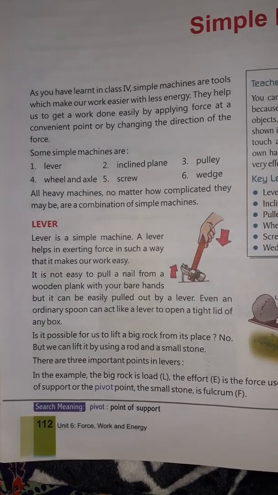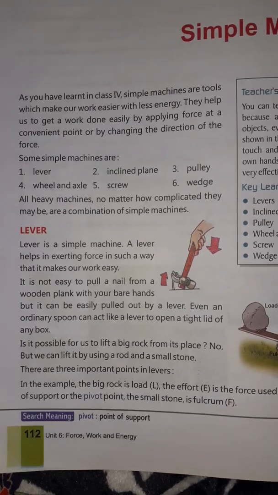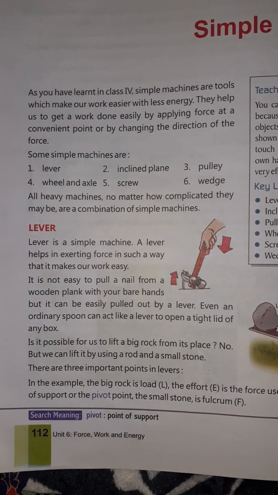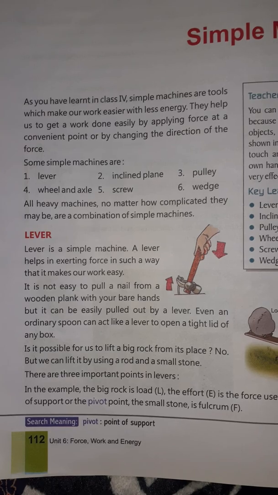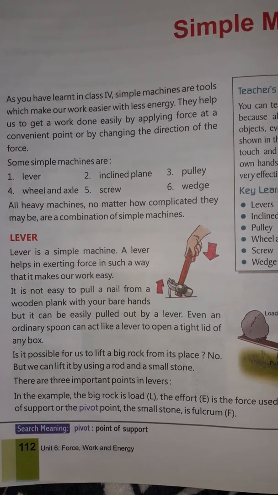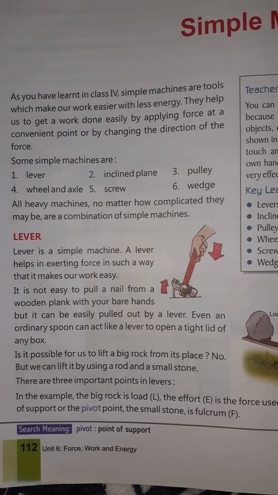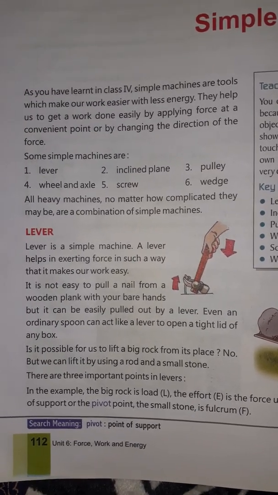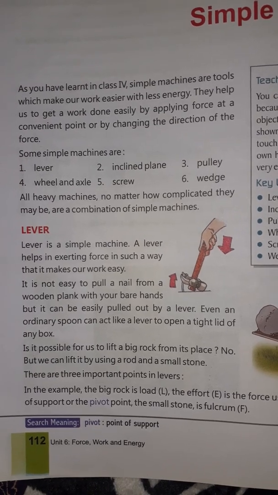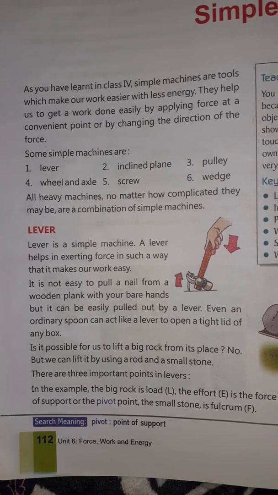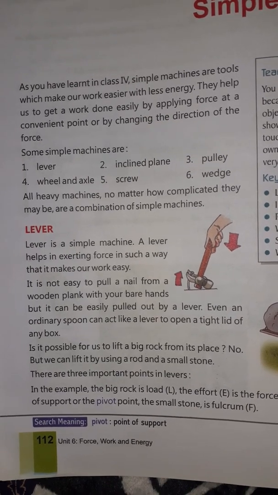Basically, a simple machine makes our work easier by applying a force in a correct direction or at a correct point, or by changing the direction of force. Maybe we are applying a force in the wrong direction, so we are not able to do that specific work easily.